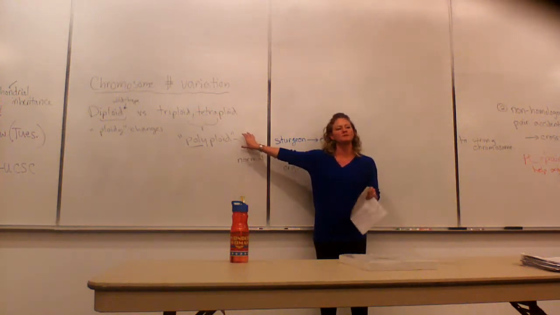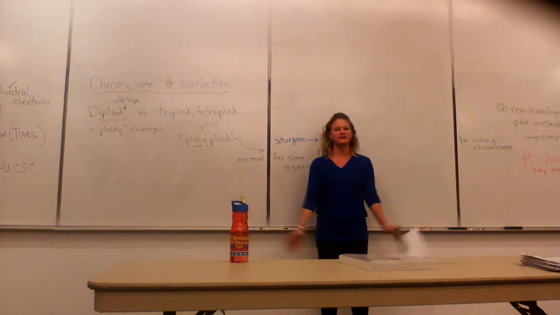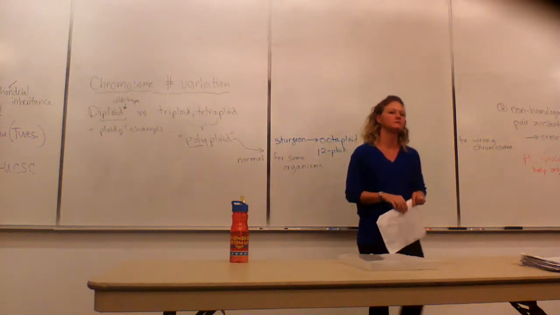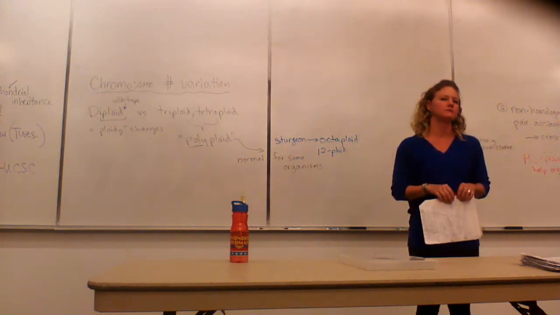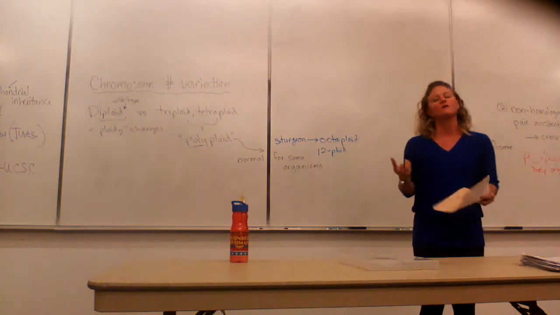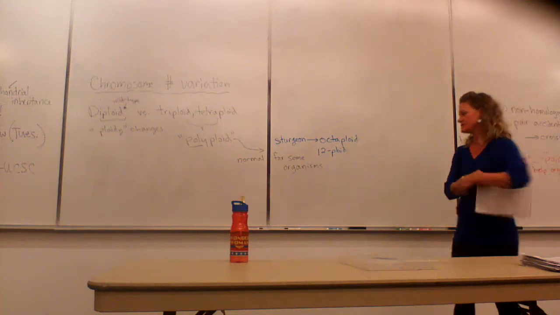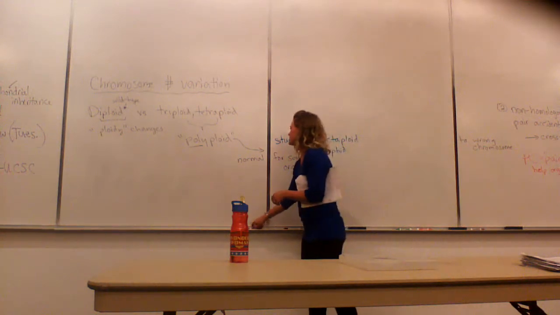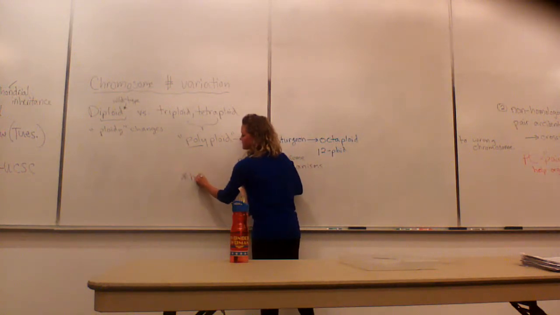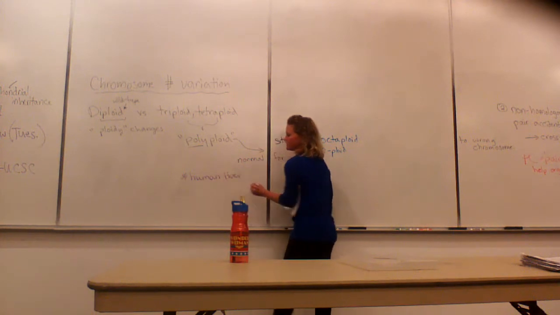So genetically, what would be the advantage to having extra copies of everything? Why would you, Steve? Possible to increase the expression of certain genes. So what we've seen is this has evolved this way, so it's normal for some organisms. The human liver is an example of a polyploid tissue, okay?